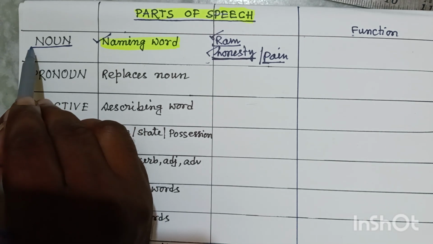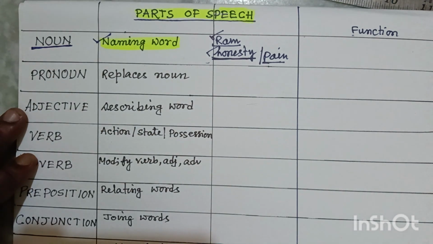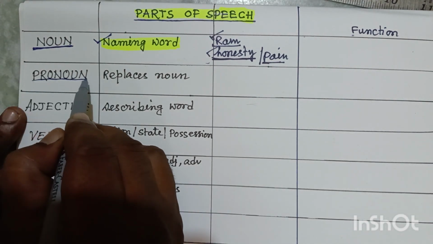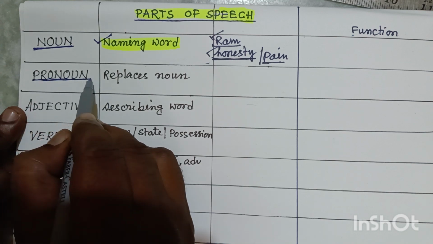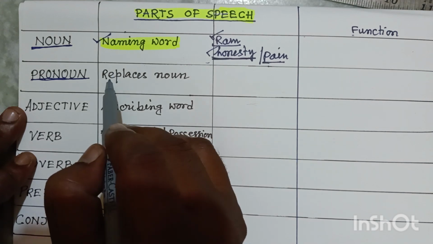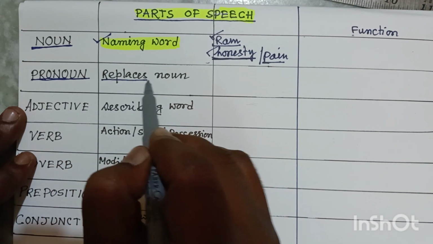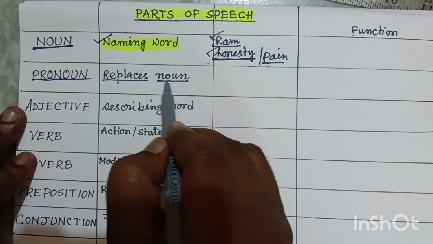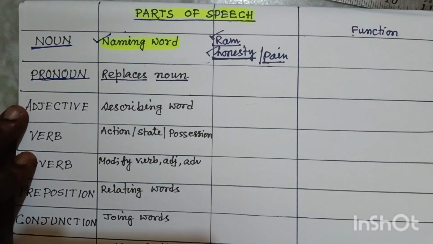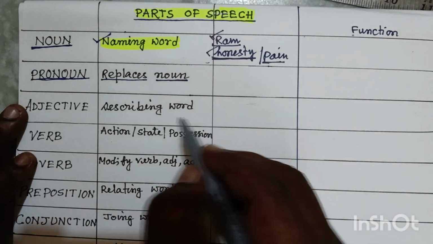Now, if we use the same nouns repeatedly, it may create a monotonous tone. That's why they have introduced some words which are used to replace the noun. That means we will not repeatedly use the noun. Instead of using those nouns repeatedly, we will use some other words, and these words are called pronouns.